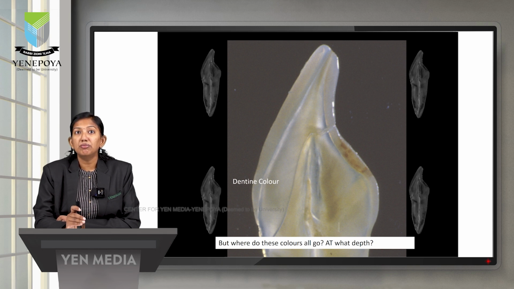This is the same procedure that you should follow when you are doing a composite restoration or a ceramic layering. So, the dentin thickness or the depth of the color will start varying and thinning out as it reaches the enamel shade.